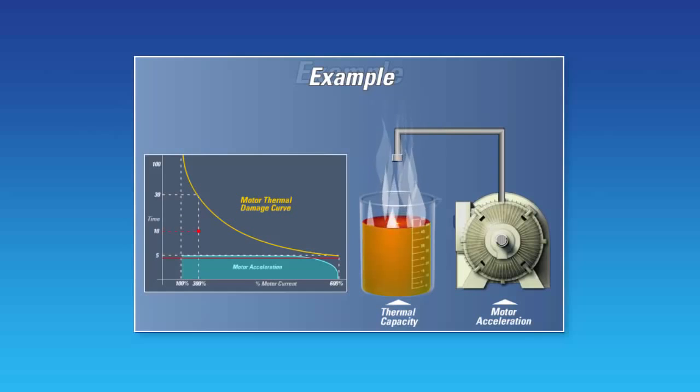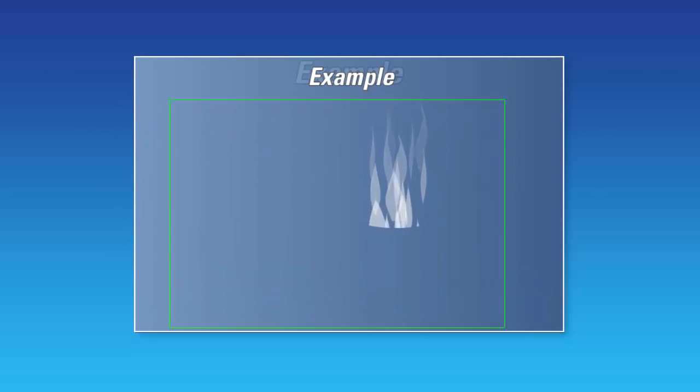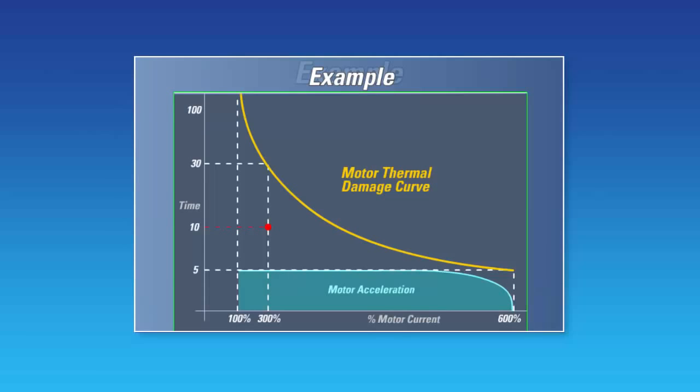Since 80% of the motor's thermal capacity had already been used, which represents 24 of the 30 seconds available at 300%, the motor can only draw 300% current for an additional 6 seconds. This can be represented visually by moving the area of 4 seconds at 600% current into the area of 30 seconds at 300% current. Now the answer to the customer's question is quite clear.